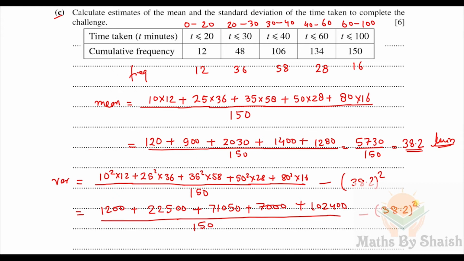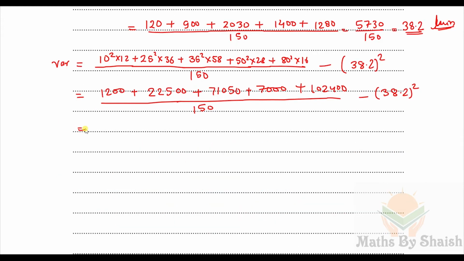So we'll add them, it is going to be 267,150 over 150 minus 38.2 whole square.